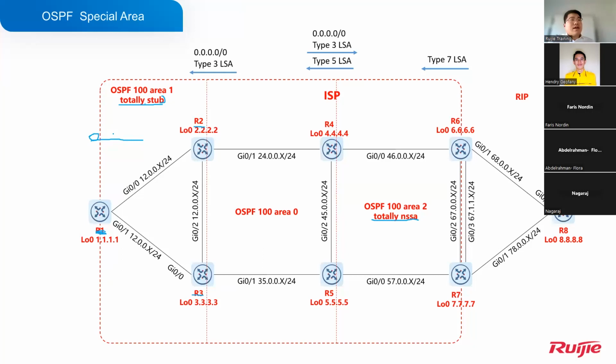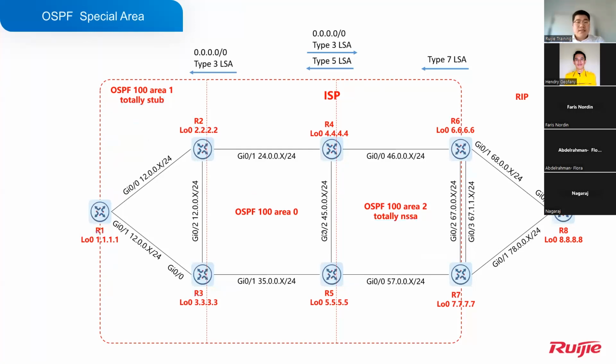For example, those kinds of routers cannot operate with such a large number of routing entries or LSAs, so we use the special area. Okay, so about this part, I think it's easy for you to understand now: the working principle of special areas and the reason why we use them.